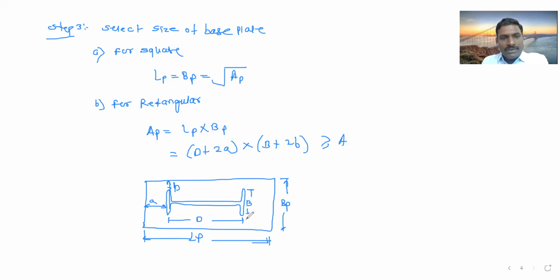Here we have shown capital B and capital D. So in this way we can show the sketch. So length of plate, width of plate, depth of I section, width of I section. A is the first projection, B is the second projection. So A is the projection in X direction, B is the projection in Y direction. Okay. So join once again if the meeting is closed.